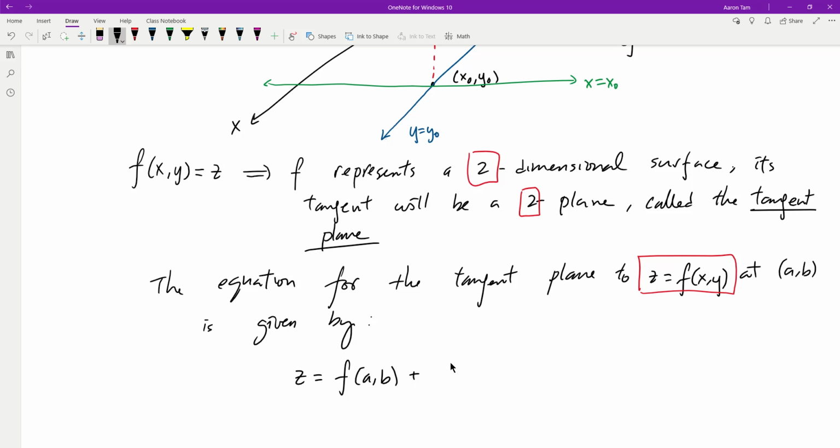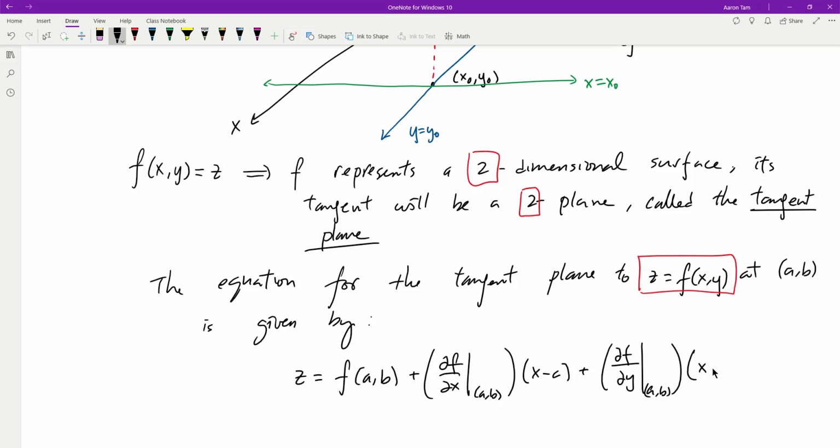So what is the formula? The formula is this: z equal to f of AB plus df over dx evaluated at AB multiplied by x minus a plus df over dy evaluated at AB multiplied by y minus b.